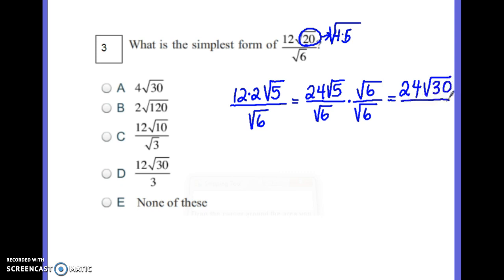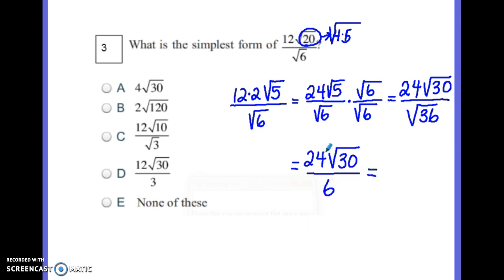In the denominator, we've got the square root of 6 times the square root of 6, so that's going to be the square root of 36. So as we continue to simplify, 24. Now, 30 does not have any perfect square factors, so we'll leave the square root of 30. We know that the square root of 36 is just 6 because 36 is a perfect square.